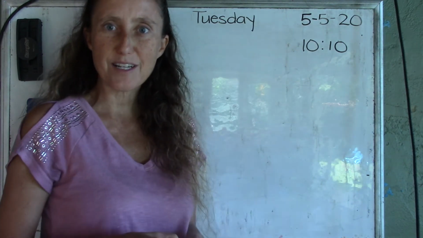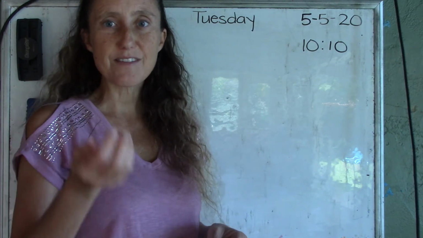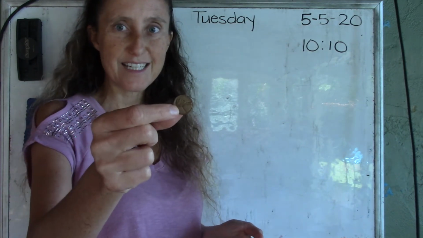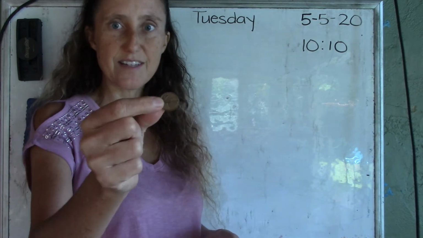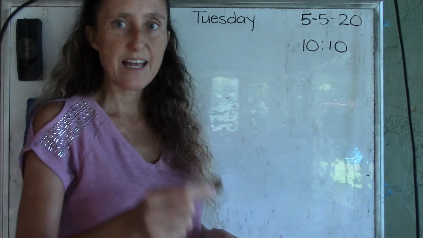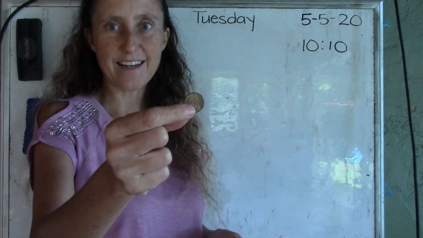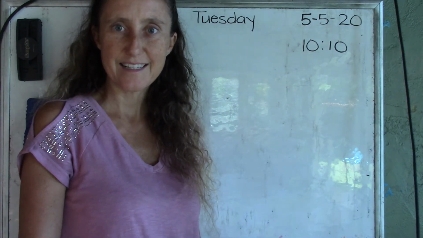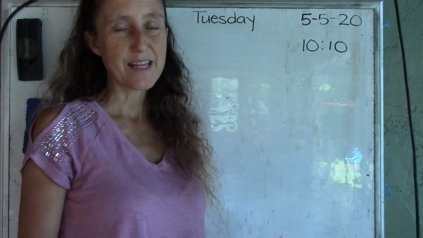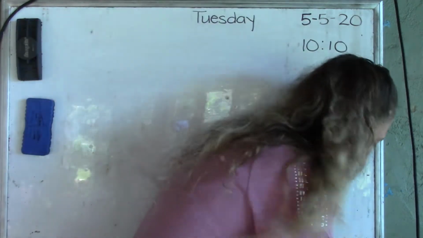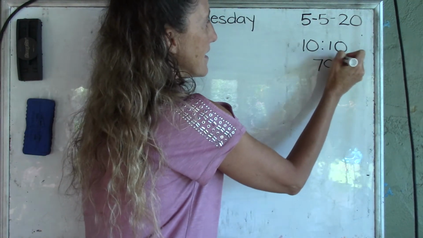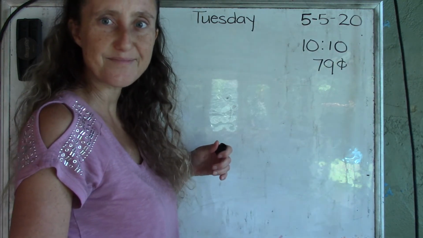How much are pennies worth? 1. So I have 75, 76, 77, 78, 79. How many more pennies would I need to make 80? 1 more penny, but I don't. I still have 79 cents.